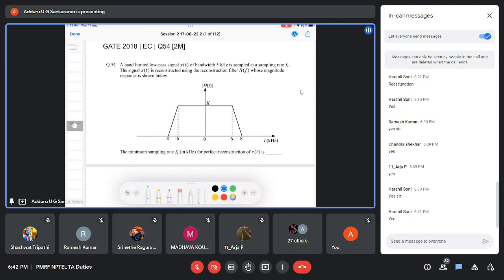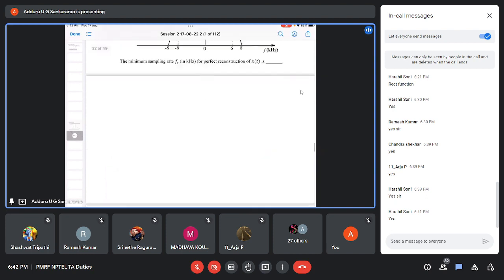And also we need to use the Fourier transform. So what is given in this question is, you have a signal x of t. It is passed through a sampling circuit, a sampler, let us say.